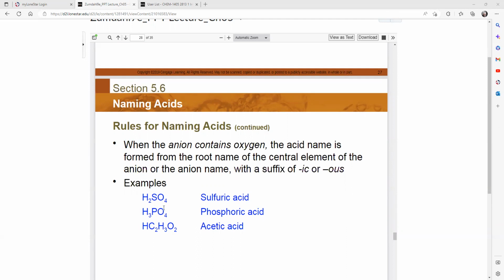Here, in this case, is phosphate. Then you change the ending to ic. Then you say phosphoric acid. In this case, it is acetate. You change to ic, acetic acid.